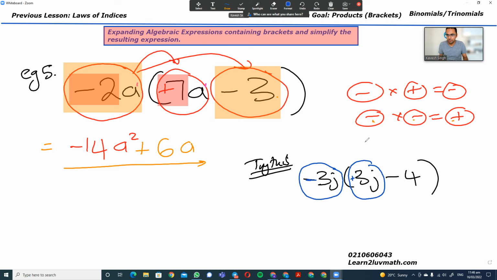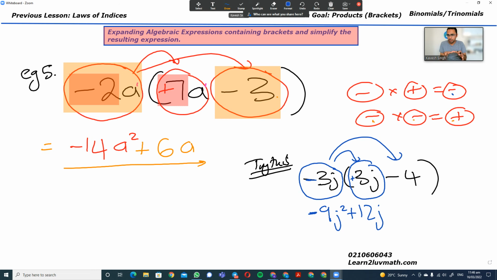Negative times a positive gets you a negative. 3 times 3 gets you 9. j times j gets you j squared, and they are stuck together, and we have now multiplied the first term. Multiplying the second term, it doesn't have a variable, so we're going to end up with just that variable that we started with. Negative times a negative is a positive, and 3 times 4 is 12.